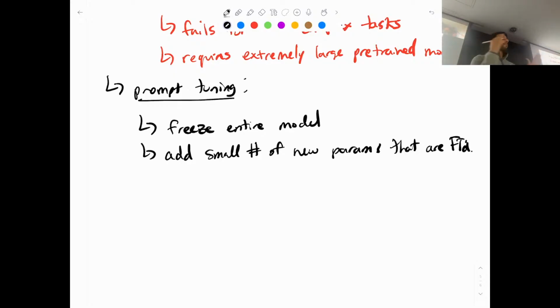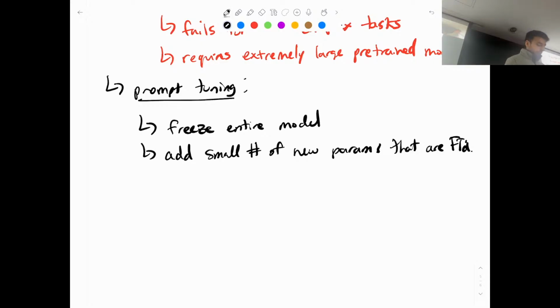When I say freeze, that means during the training process, we do not update the WQ, WK, WV matrices, the feed-forward layers. All of those are kept identical to the pre-trained model's parameters. That said, we have to train something in this case, and so we're going to add a very small number of new parameters to our model that we're going to adjust on the fine-tuning data.